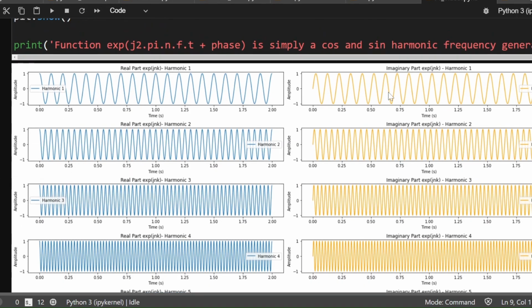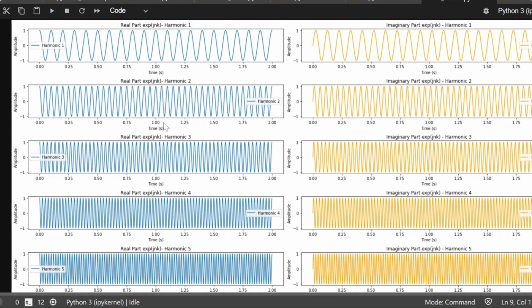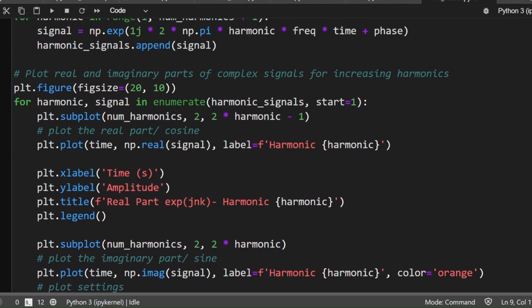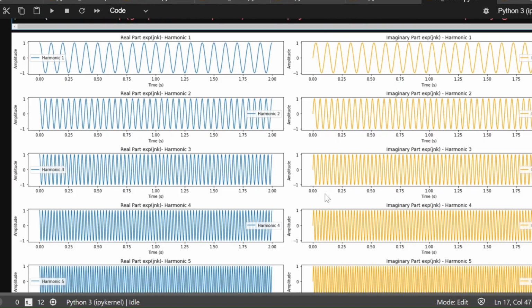There we are. What we can see very clearly here is that there are 5 harmonics of the real part, which is nothing but the cos, and there are 5 harmonics of the sine part, which is nothing but the imaginary part of the complex exponential. And by manipulating this number harmonic, we can generate multiple such frequencies.